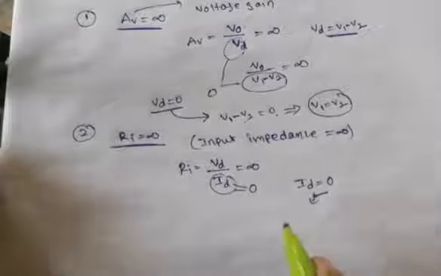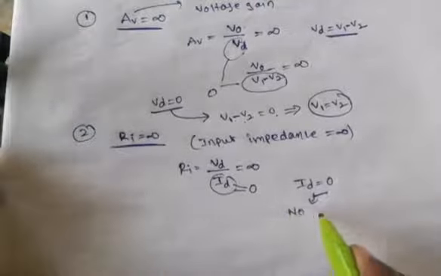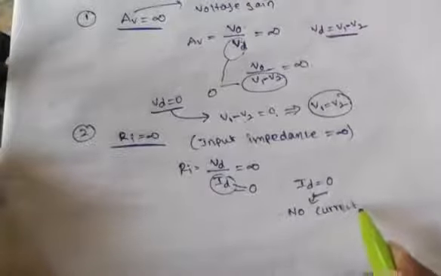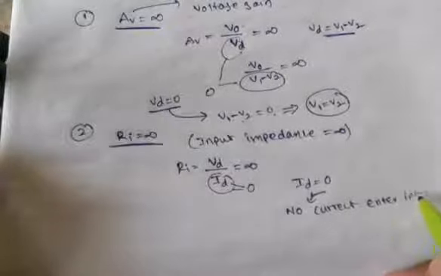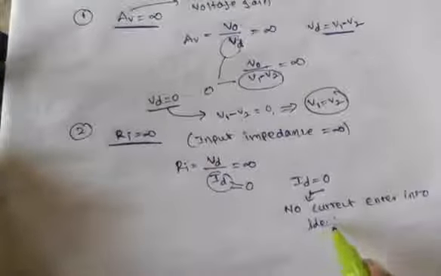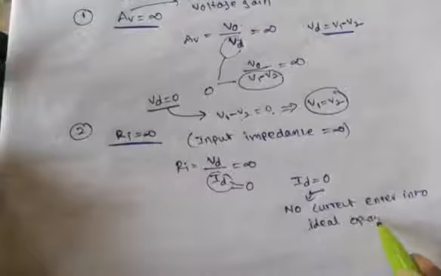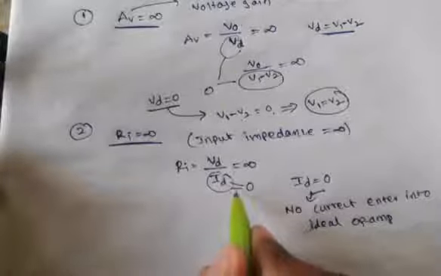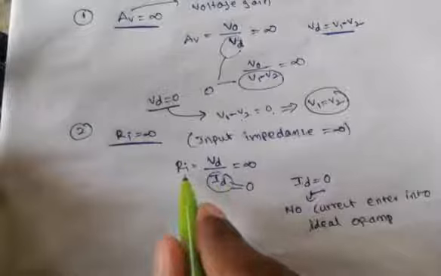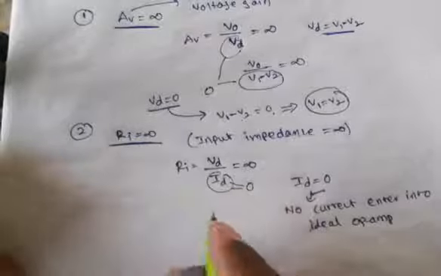From this you have to tell that no current enters into the ideal operational amplifier, ideal op amp. When there is no current, the difference between the two currents is equal to 0, then the impedance belongs to infinity.